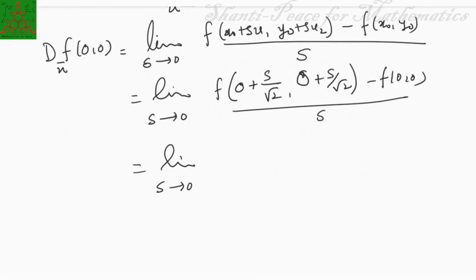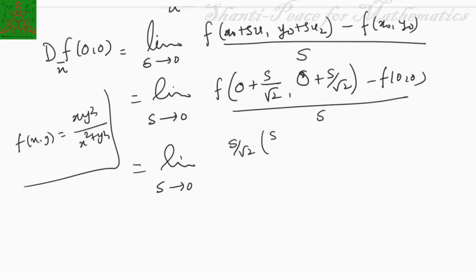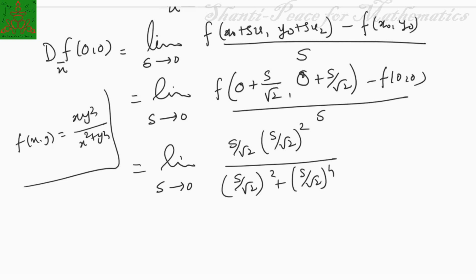This is nothing but f of (s by root 2, s by root 2). As per the definition of f of xy, it is x into y square upon x square plus y raised to 4. So it is s by root 2 into (s by root 2) whole square upon (s by root 2) square plus (s by root 2) whole power 4, minus f of (0, 0), which is 0 as given, upon s.